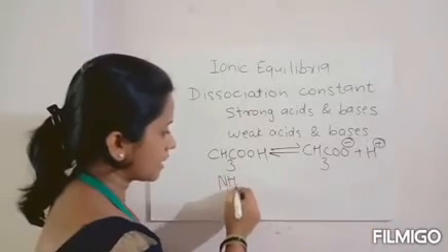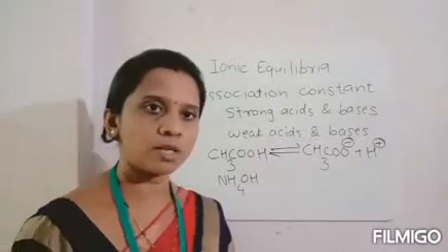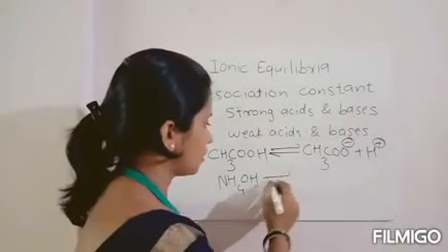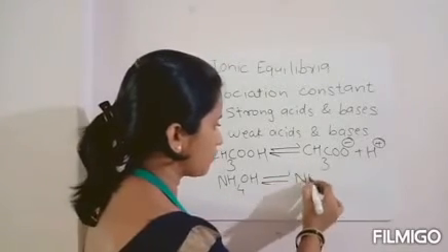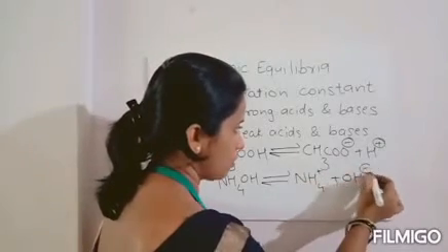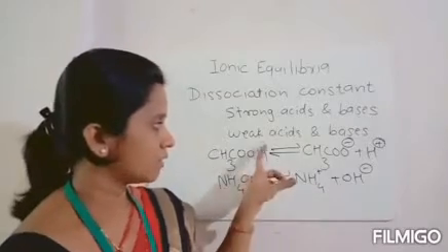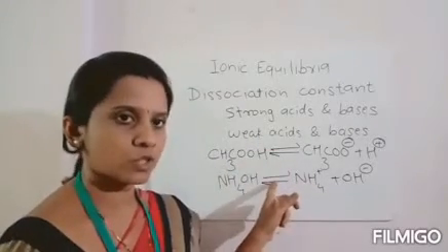Similarly, we can consider for a base NH4OH, ammonium hydroxide, it will form NH4 plus and OH minus. So in this case, there is partial dissociation.